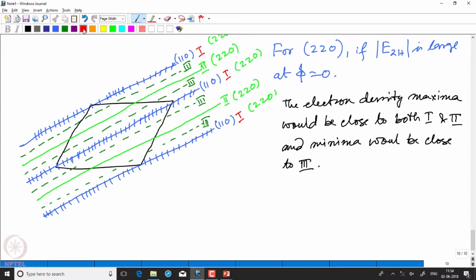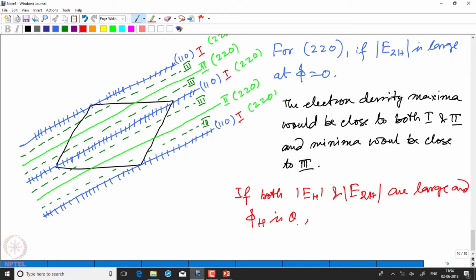So if both Eh and E2h are large and phi h is 0, then phi 2h also has to be 0.